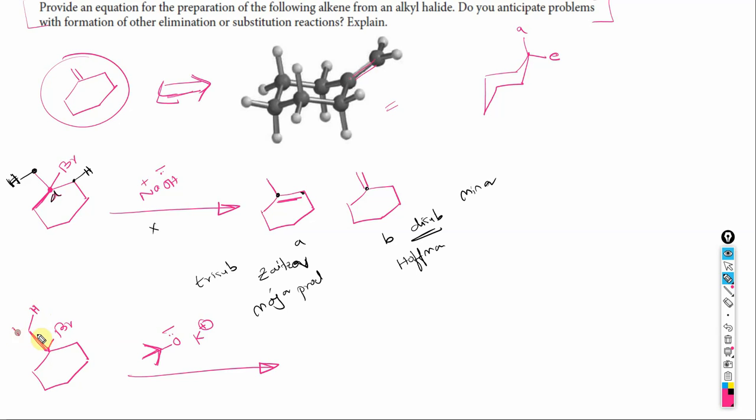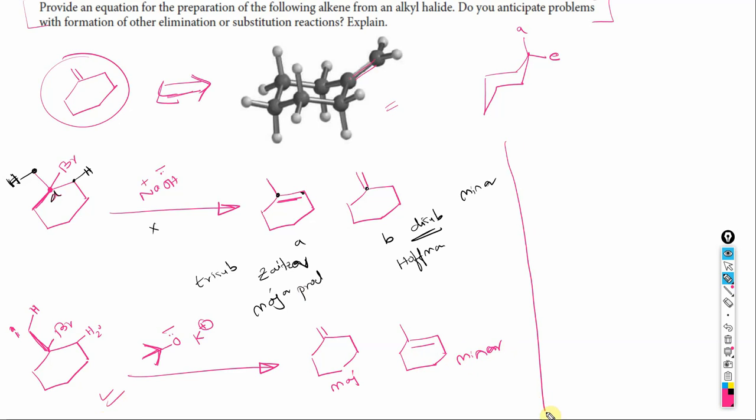So this is a primary carbon and a primary hydrogen. That's a secondary hydrogen, and therefore the potassium tertiary butoxide will abstract that hydrogen easily. So when you use this combination of reactants, you're going to get this as the major product. The Hofmann product is the major product in this case, and the Zaitsev product is going to be the minor product. So this is an appropriate answer.